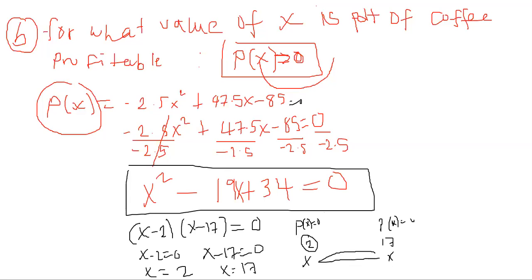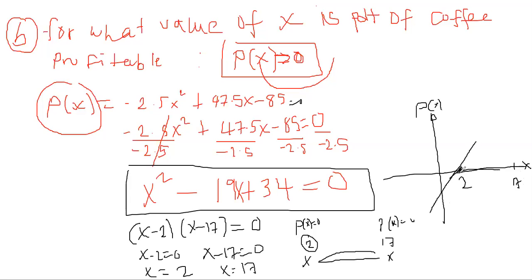This is mathematics. Let's try to visualize this and see. So with the quadratic, let's quickly do this before we run out of time. We have the profit function. So it is telling you that when x, the quantity of coffee produced, equals 2, and when x equals 17, you will have something like this.